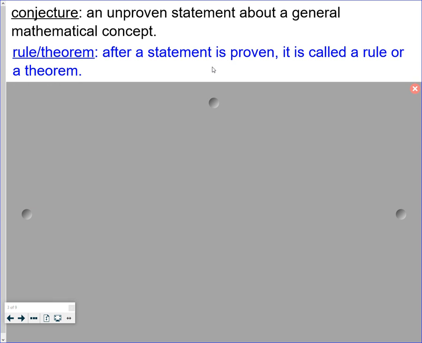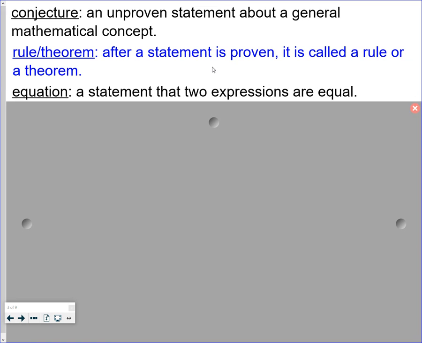Okay, a rule or a theorem, once you prove something can work, it's called a rule, or more importantly in geometry, we call that a theorem. An equation, here's the thing: an equation has to have an equal sign. So just note, you should know that, I think.